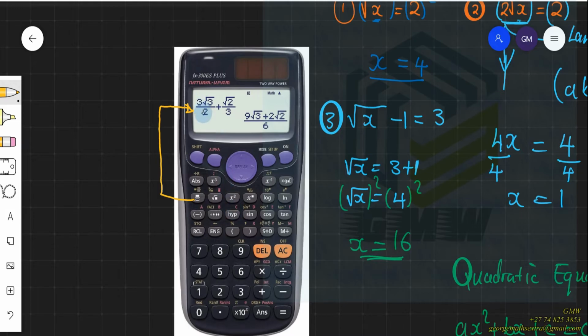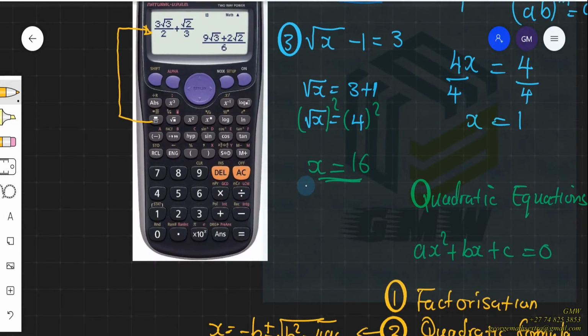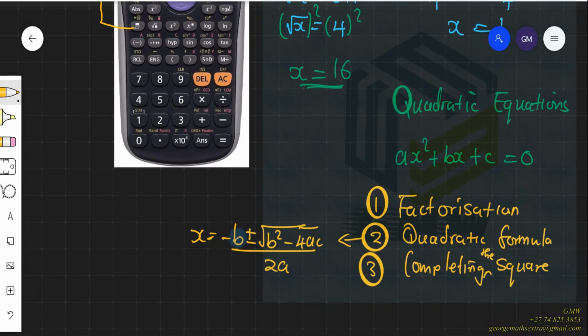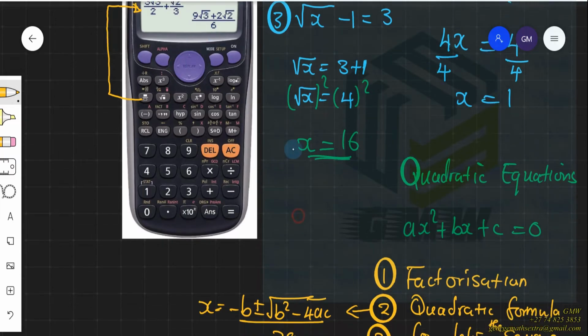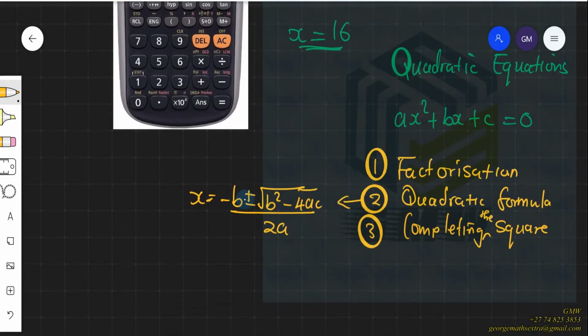You can write fractions as they are, which means that you can quickly use your Casio and substitute the values of a and b into this quadratic formula. You use plus first, then later you come back with the replay button. This is the replay button. When you have written something, you can push back with the arrows and change something. So you can later change the plus to a minus and punch equal to. This is for the sake of speed.